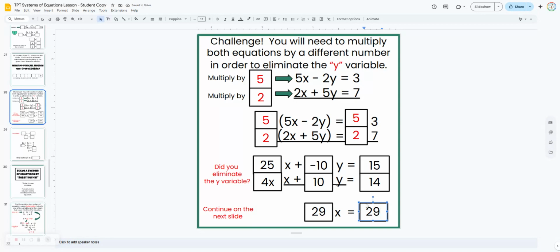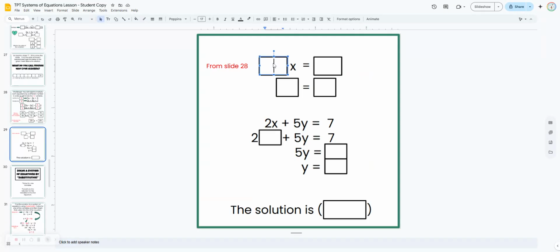And I'm going to finish this equation on the next slide. So 29x equals 29. Now I can solve for x by dividing both sides by 29, and I get x equals 1. Now if I put 1 in place of x, I'm multiplying these two, so I get 2 plus 5y equals 7.